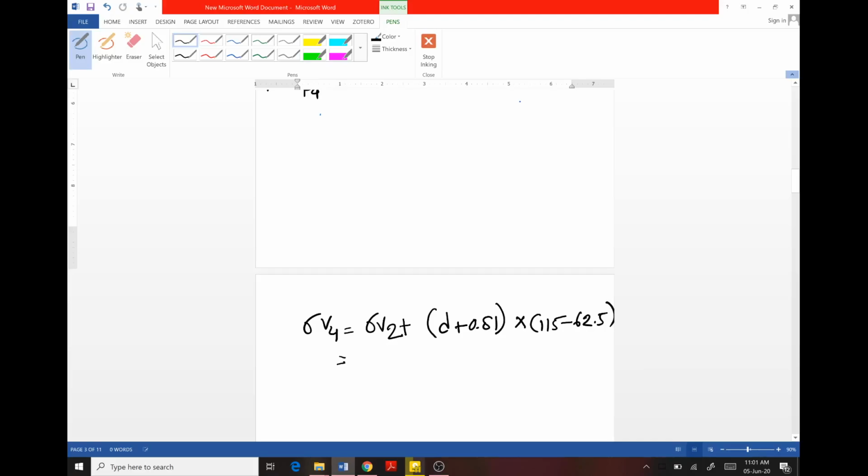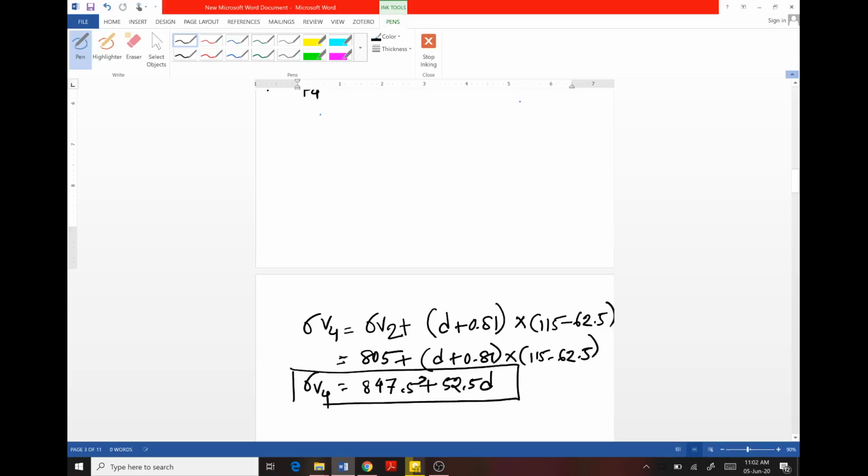So what is the value of sigma V2? It is 805 plus D plus 0.81 into 115 minus 62.5. So that sums up to 847.5 plus 52.5 D, which is sigma V4.